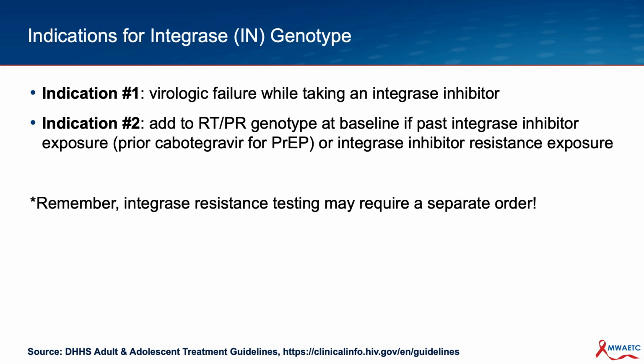So let's say a person's diagnosed with HIV and you know that the person they acquired HIV from has multi-class resistance, including integrase, then that would be an indication to send this at baseline. Or sometimes if I do a genotype at baseline and there is multi-class resistance in NRTI and protease, then I might add an integrase genotype because that makes me suspect there might be integrase resistance as well. Remember, it might be a separate order. That's easy to forget.